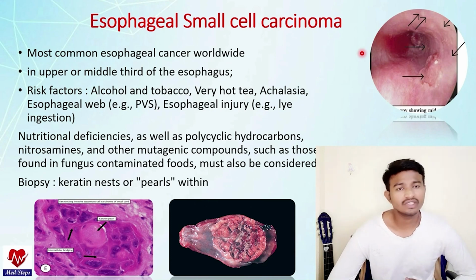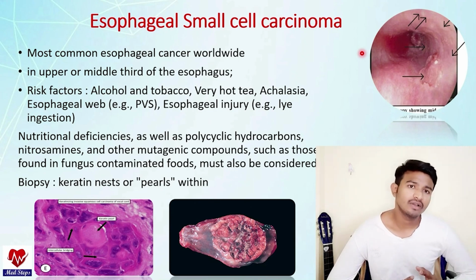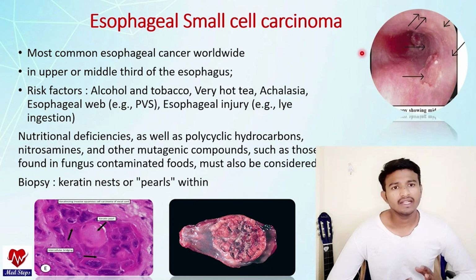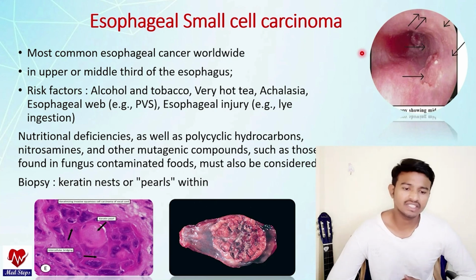In Plummer-Vinson syndrome, as we studied before, we can see three signs and symptoms: dysphagia, iron deficiency and esophageal web. Also esophageal injury, for example from ingestion. This carcinoma is also affected by nutritional deficiency and eating polycyclic hydrocarbons and nitrosamine foods.